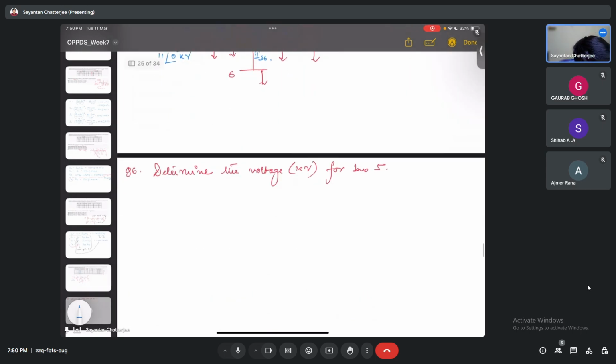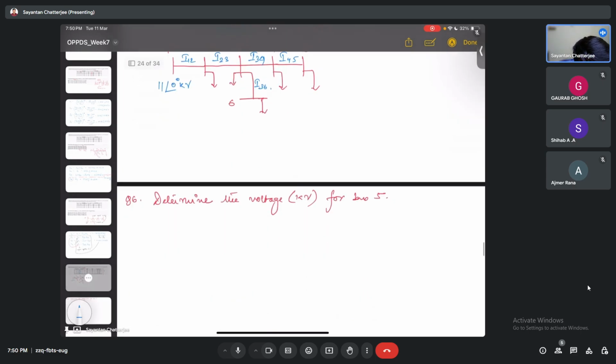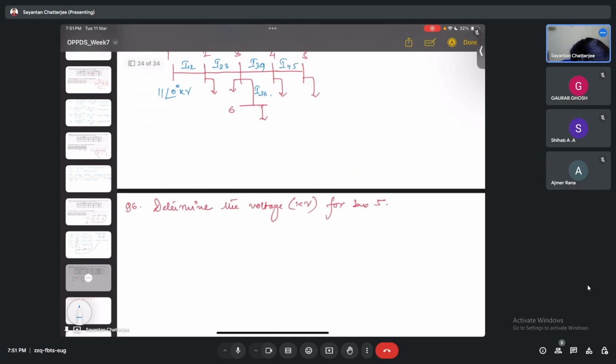So what will be the voltage for bus 5? Starting from the substation node, V2 will be V1 minus I12 Z12. V3 will be V2 minus I23 Z23.